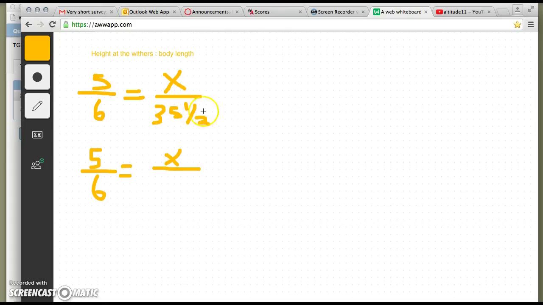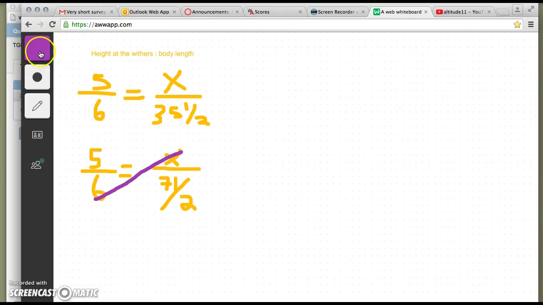If you want to rewrite this mixed number as a fraction, take the denominator 2 and multiply it by the whole number 35. 2 times 35 is 70. And then add whatever you have in your numerator. 70 plus 1 is 71. So that's the value that goes in your numerator. Keep your denominator of 2. We have 71 over 2. We are now ready to cross multiply.